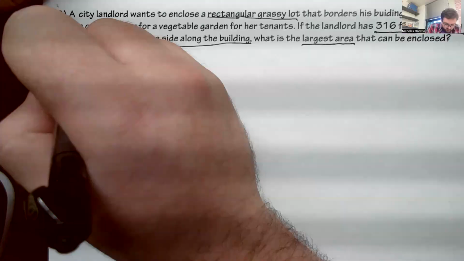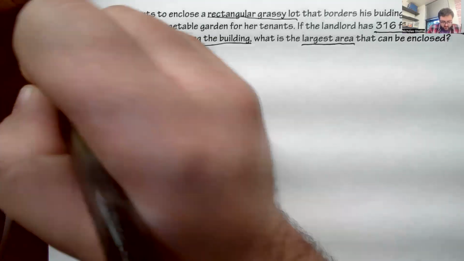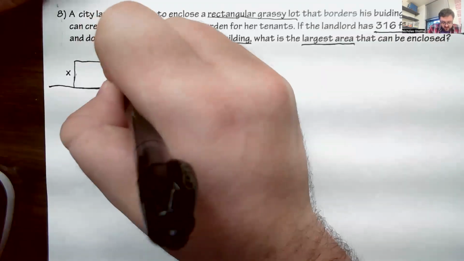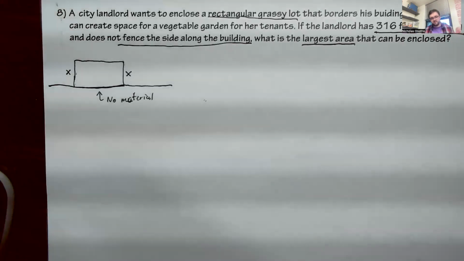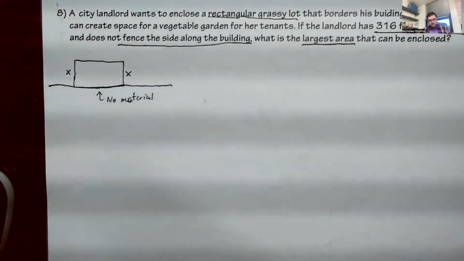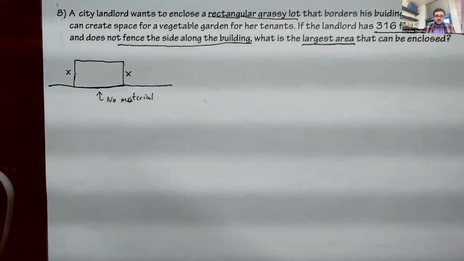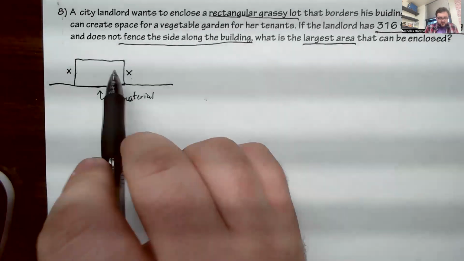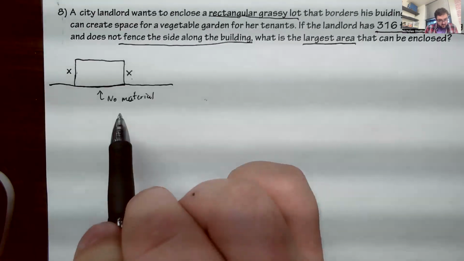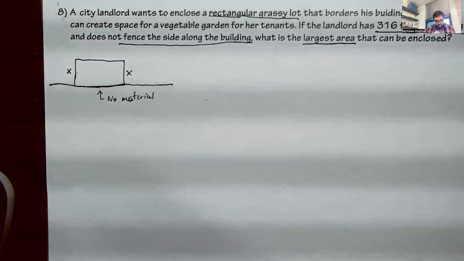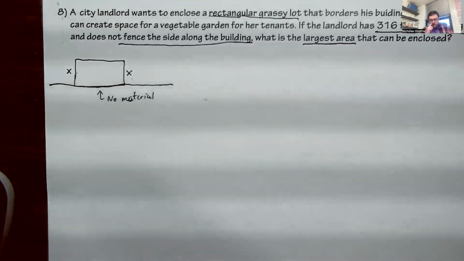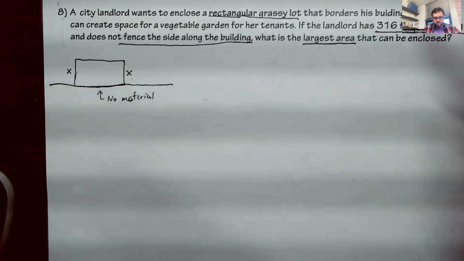Last time, we gave one of our sides an X. So let's do that again here. I would recommend giving the side that you have 2 of an X. Makes it a little bit easier. And then here's kind of our little trick.